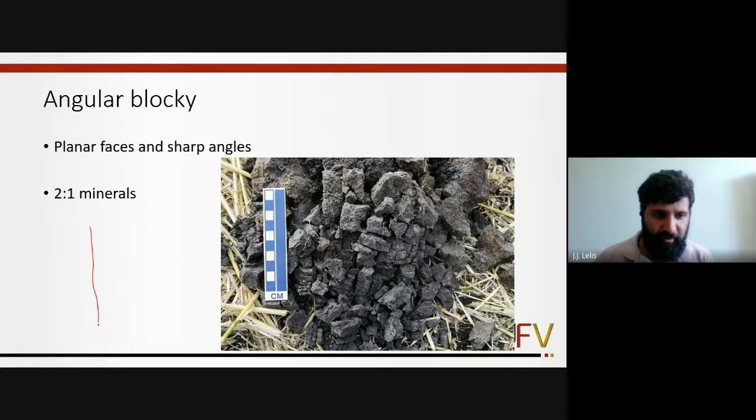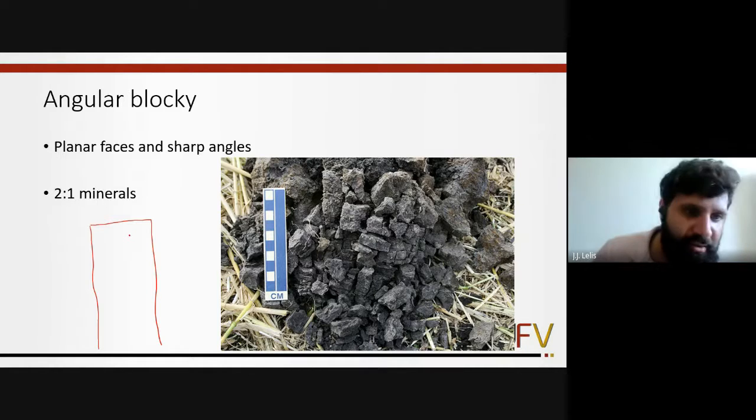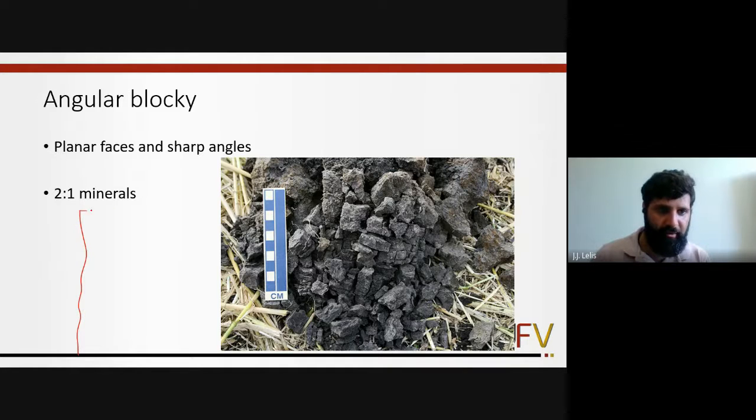Think that I have a soil here, and we start the shrink and swell process. So the material starts to contract. Oh, I'm sorry. Let me start again here. Okay, here. So I start to form some cracks, like here, and here, and some cracks in this position too.